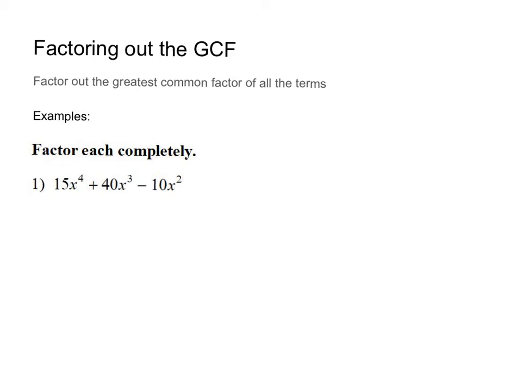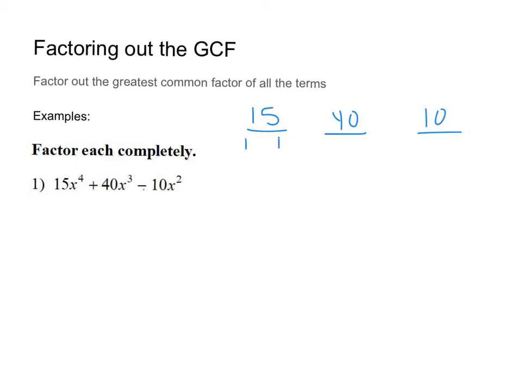So the numbers, the constants from our terms, are 15, 40, and 10. We're not going to worry about the negative right now. We just want to look for the factors, the things that multiply together to get a certain number. So what numbers multiply together to get 15?